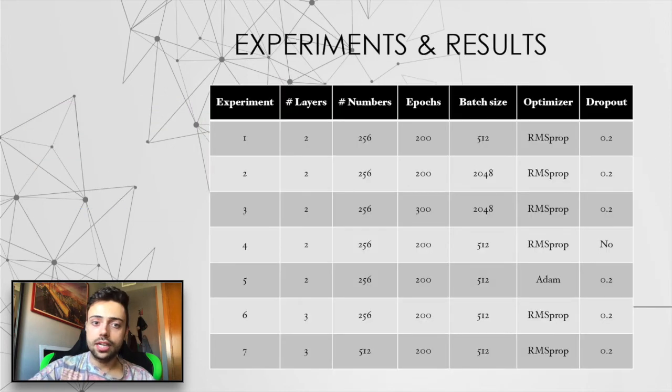In this table, we can see the configurations of the different experiments that we have carried out. From left to right, we can read the number of LSTM layers, the number of epochs of the training phase, the batch size, the optimizer of the model, and the dropout applied to the LSTM layers. We have decided to change some hyperparameters of the model to check how these configurations affect the results.